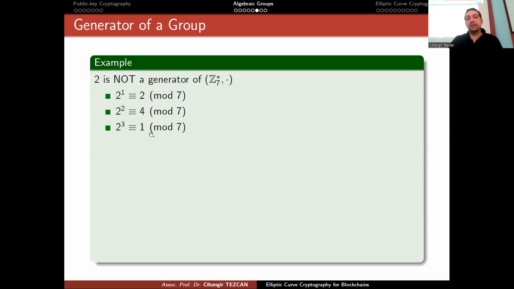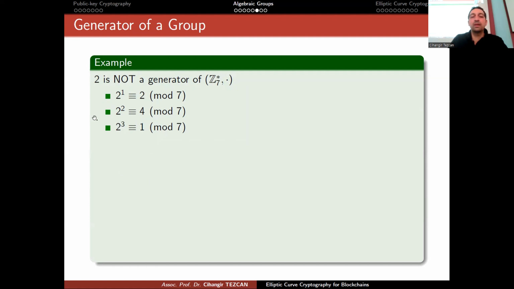So when you reach the identity element, this means that you have found the order of your element. So the order of 2 is 3, because after 3 operations, you end up with the identity element. If you continue, you have to multiply this number with 2, but since you have the identity element here, 2 to the power 4 equals 2, which is already here. 2 to the power 5 will be 4.